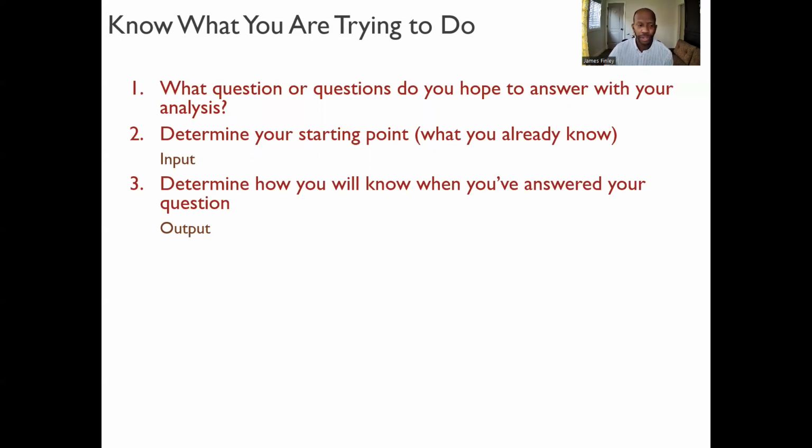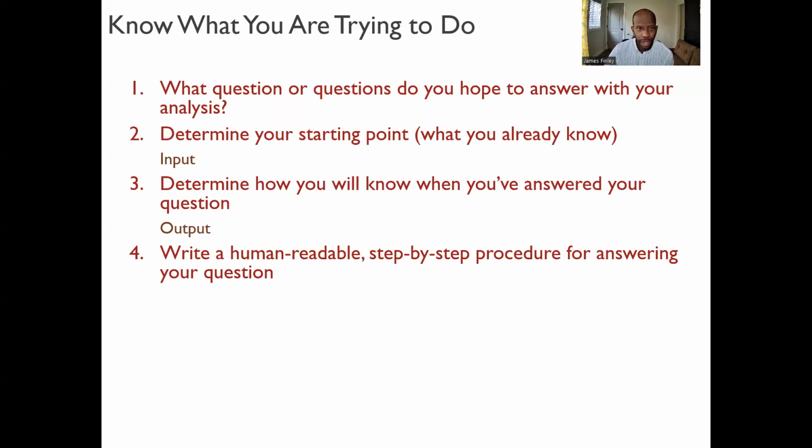So if these two things are clear, then you're left with essentially the algorithm development. So if you are uncomfortable doing this on the fly in your head, it's often good practice to write out a step-by-step procedure that is readable by another human that helps you think about what you need to do at every step in the analysis process.